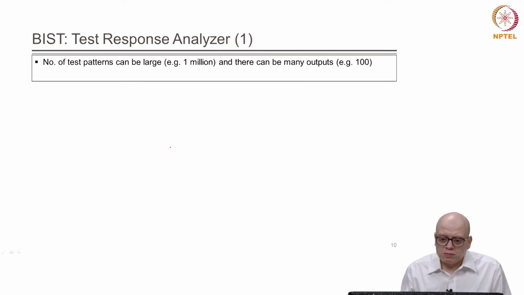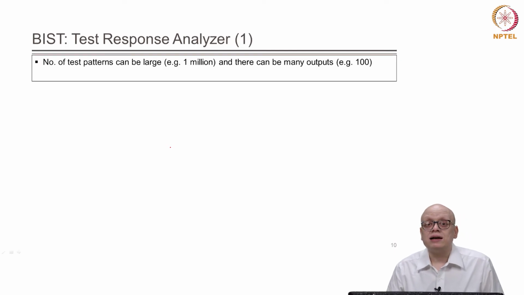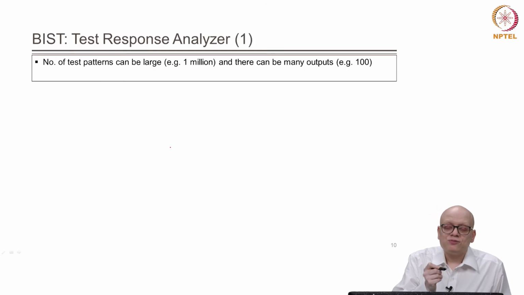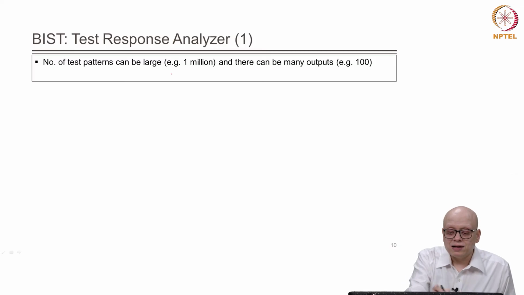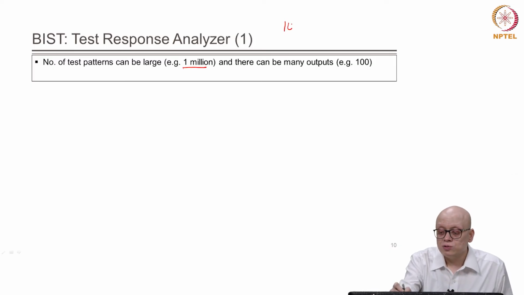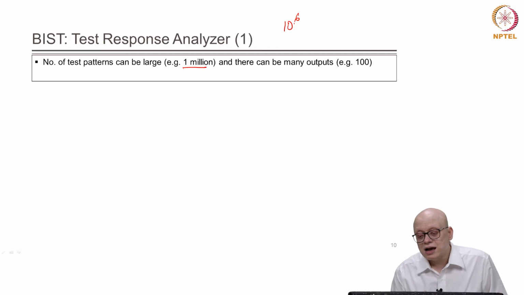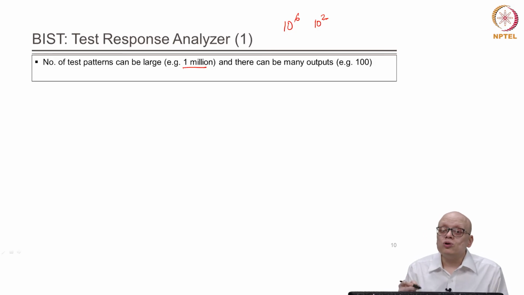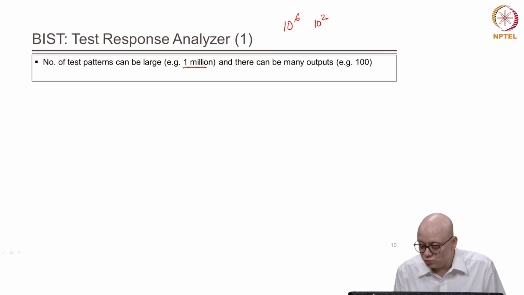Now, how do we analyze the response that we obtain from our circuit under test? Suppose we are applying 1,000,000 test patterns and there are say 100 outputs. If we want to store all the responses in our circuit itself, how much memory do we require?